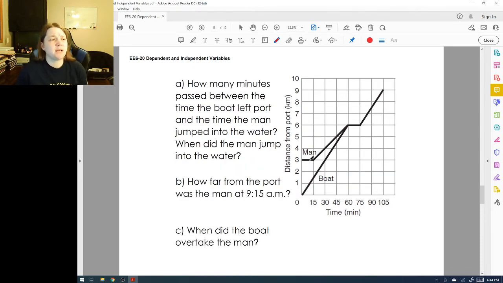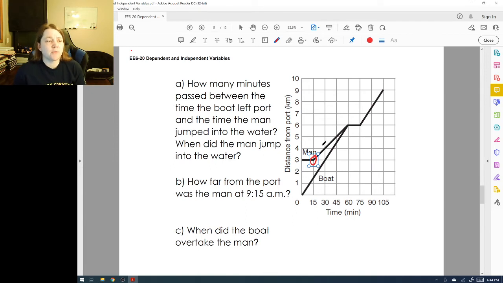How many minutes passed between the time the boat left port and the time the man jumped into the water? When did the man jump into the water? Well, he's going to jump in right about here, because this is when he started swimming in the same direction as the boat.